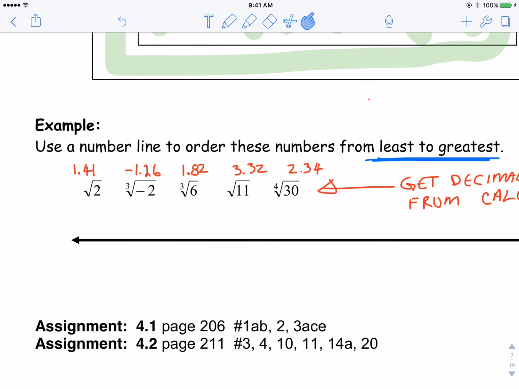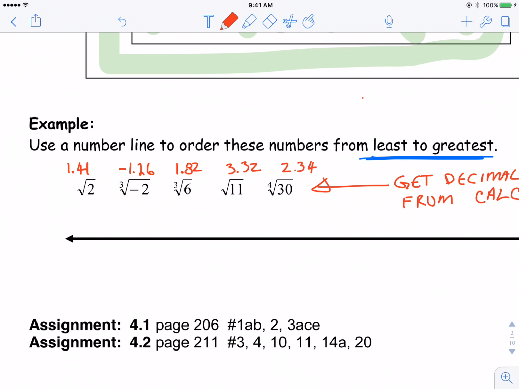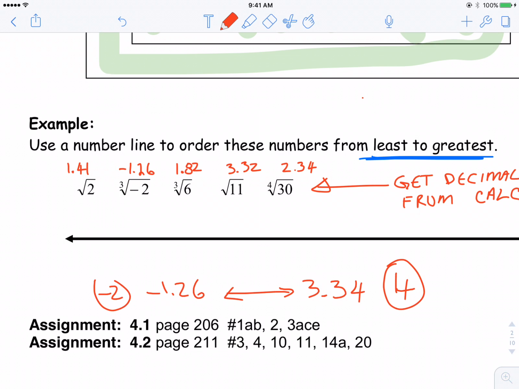Now we see that we have to order these numbers on our number line. What's our lowest value? Our lowest value is -1.26, and our highest value is 3.32. So our number line needs to go as high as the number 4 and as low as -2.